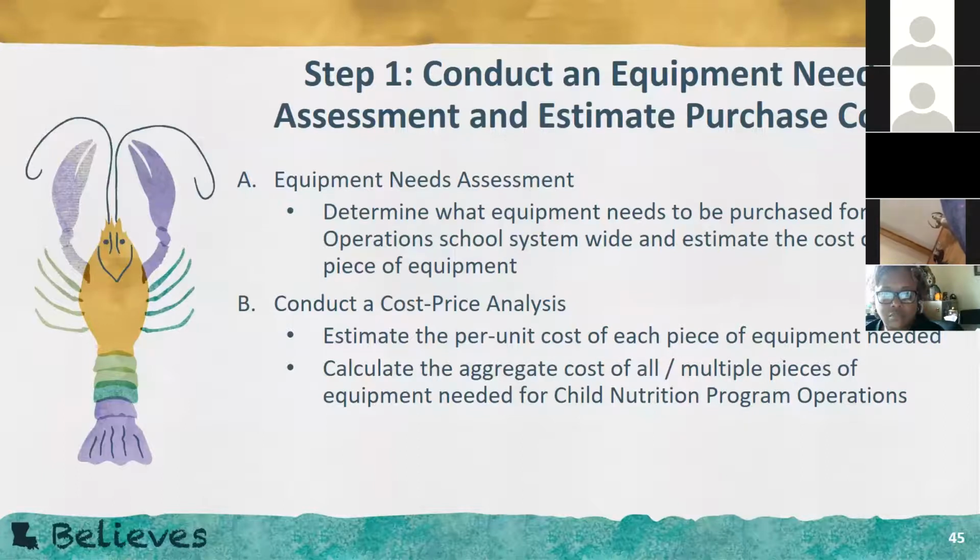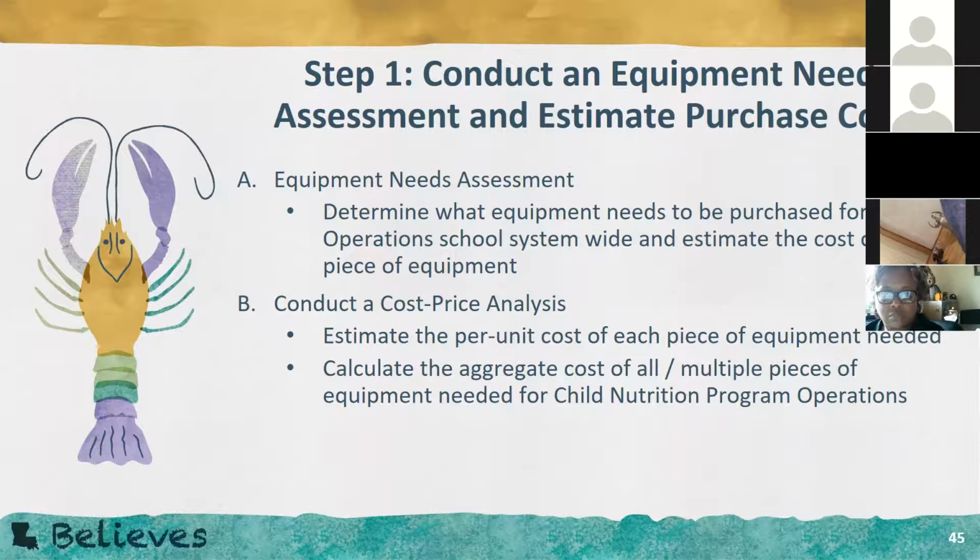The next question to ask is, what is the per unit cost of the equipment I'm planning to purchase? If any equipment item or multiple pieces of like kind equipment is estimated to cost $5,000 or more, the equipment pre-approval form must be obtained by the state agency and approval must be received prior to using CMP funds to pay for the equipment.